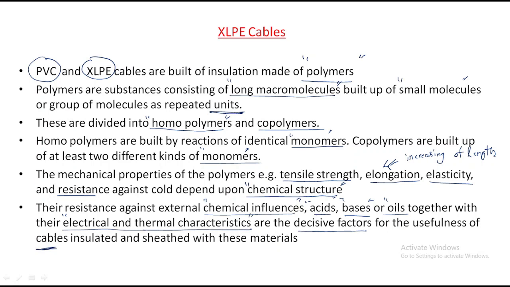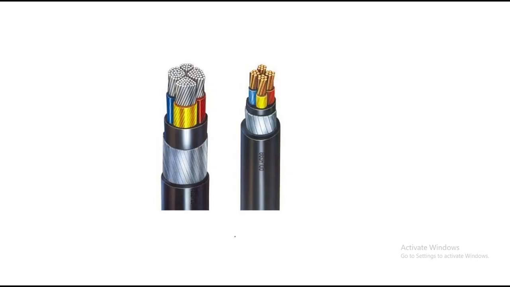So an XLPE cable can withstand chemical reactions, and it is sheathed with these materials. By using these materials, it can withstand all the chemical effects. So these are the XLPE cables.